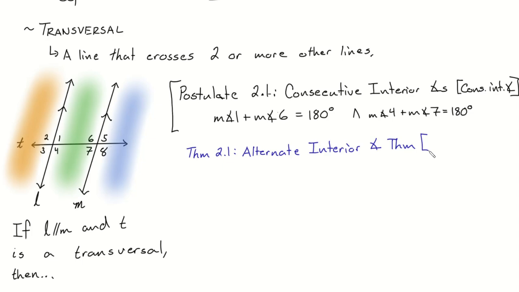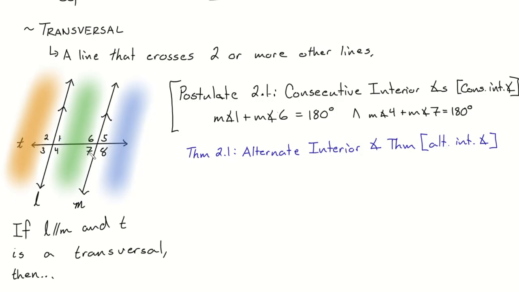Any guess on how I'm going to shorthand alternate interior angle? Alt int angle. If you don't like my shorthands, don't use them. I will try to be wordy with it, but I would always advocate for you to write less than me. Okay. Give me a pair of alternate interior angles that you see on the board.